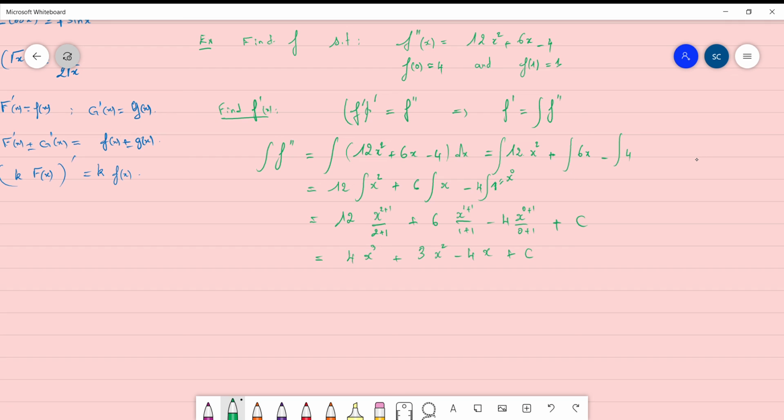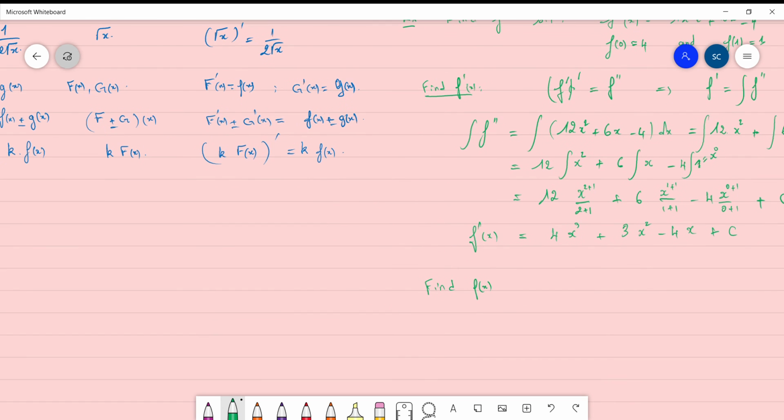Okay, so this is my general f'(x). I can use the information, but for a moment I keep this information like that. Now let's find f(x). Let's see if I can write it on this side.